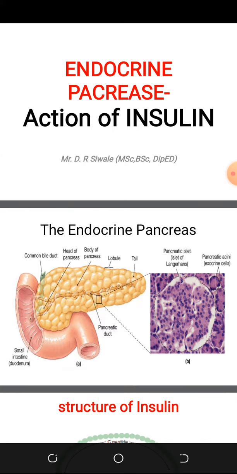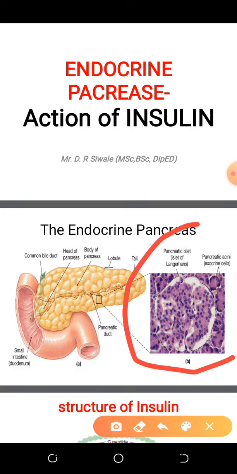endocrine pancreas. When you look here, this is just a histological aspect of the islets of Langerhans. So the insulin-producing cells are called pancreatic islets, or islets of Langerhans. Remember that not only insulin is produced from these islets of Langerhans.